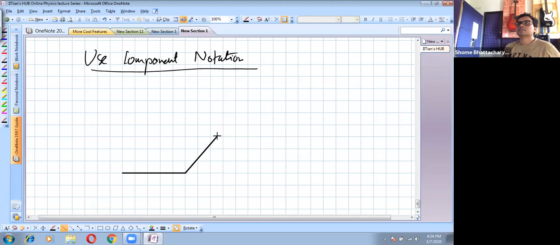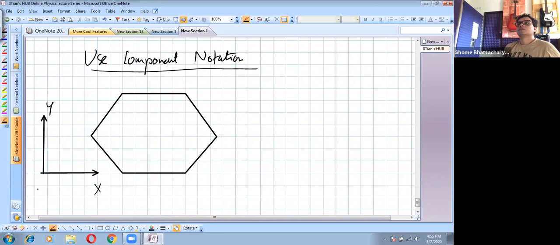Let us make life easier for us. Let's say, roughly speaking, this is a regular hexagon, and I have drawn it such that the base is parallel to my x-axis. I have taken my coordinate frame so that it's easiest to convert everything into components. I know that the edge length is 20 centimeters.